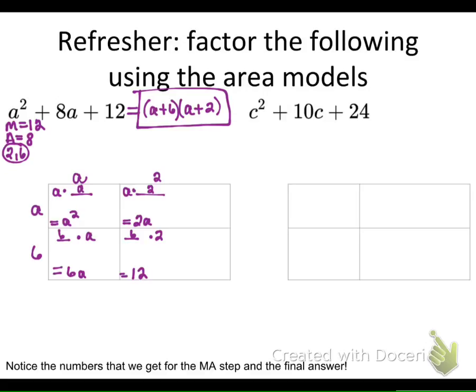Okay, so the next one I'm going to do in red. What's my M going to equal? 24. My A? 10. What can you multiply together to get 24, but then use the same factors to add together to get 10? 4 and 6.